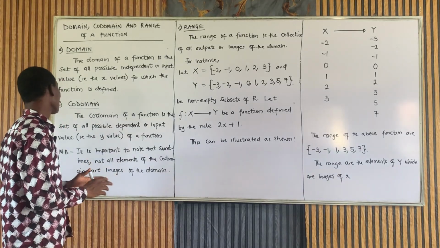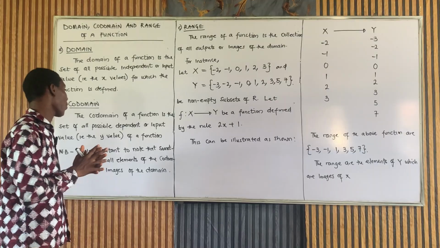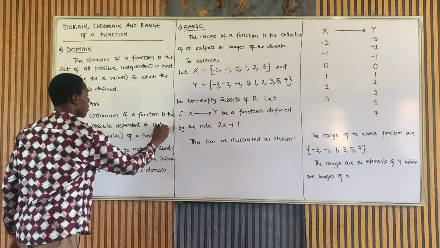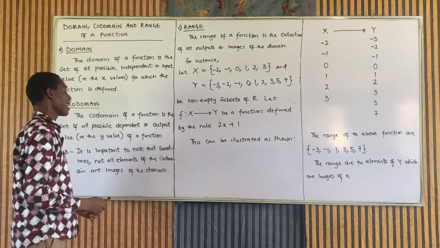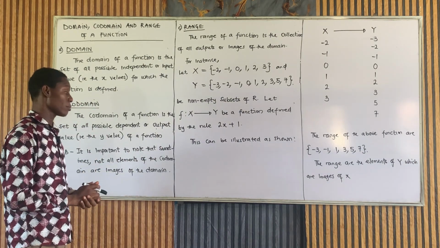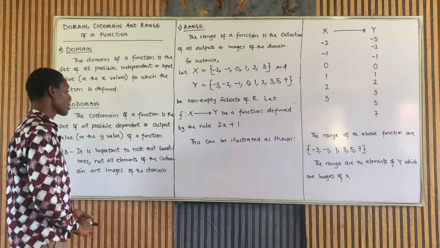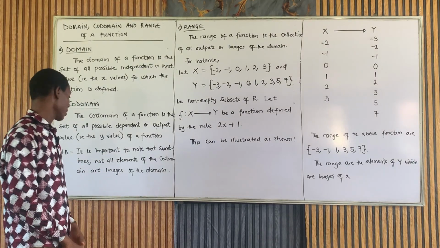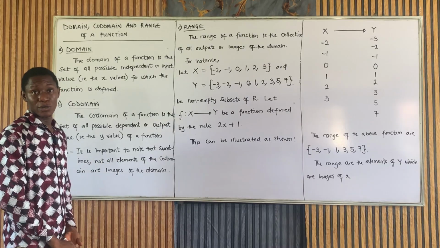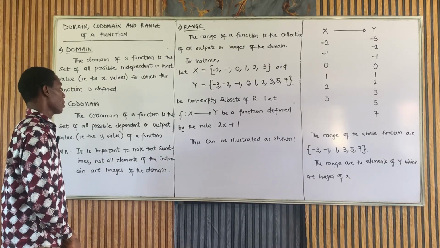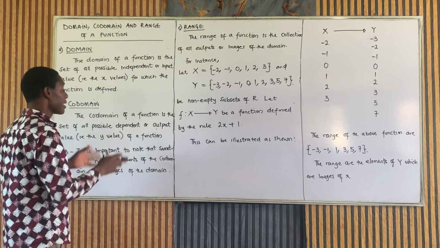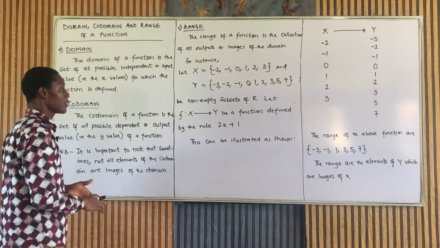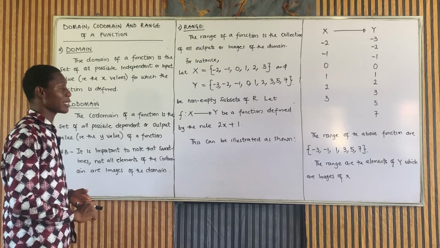The codomain of a function is the set of all possible dependent or output values, that is the Y value of a function. It's important to note that not all elements of the codomain are images of the domain. Not everything you see in the codomain is actually the image of the domain. We'll see that.